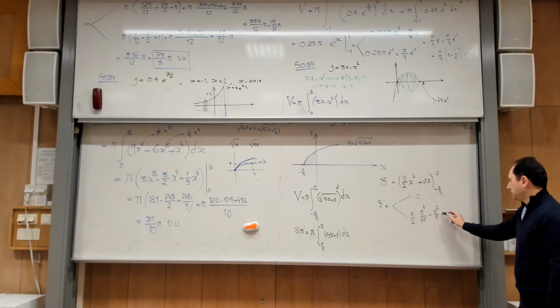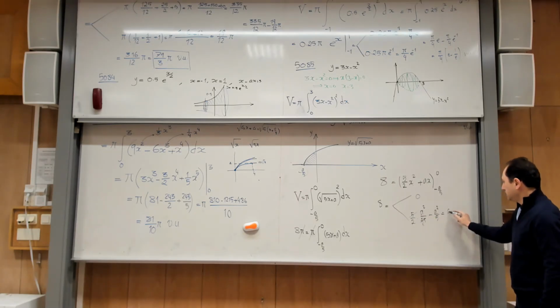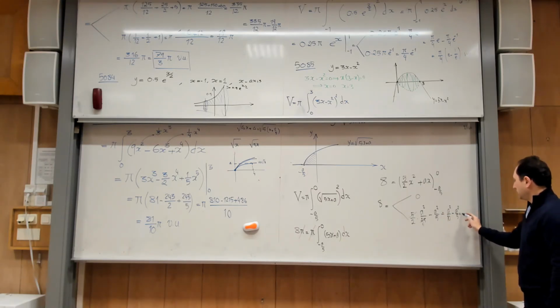And let me simplify that. This 5 and that 25 are simplified. So this a squared over 10 minus a squared over 5. Let me continue by taking the common denominator. This becomes a squared, but 10 divided by 5 is 2, so it becomes minus 2a squared.